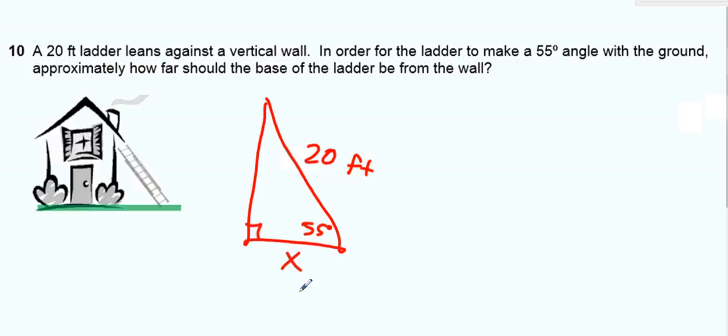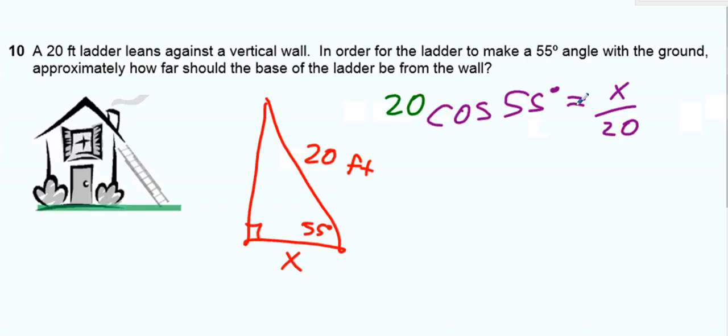So we have adjacent and hypotenuse. We're doing cosine. Cosine of 55 degrees equals adjacent over hypotenuse, x over 20. So we're going to cross multiply, solve this out. So 20 times cosine will give us x.